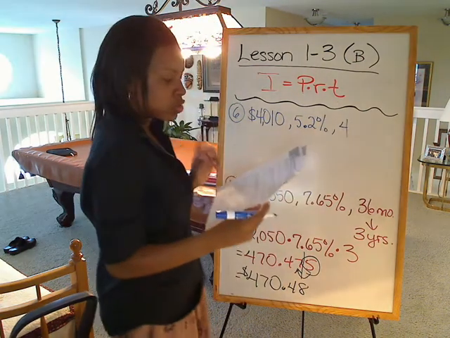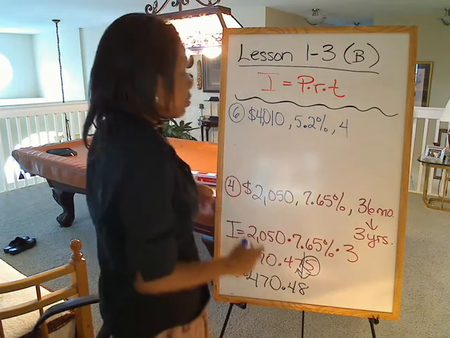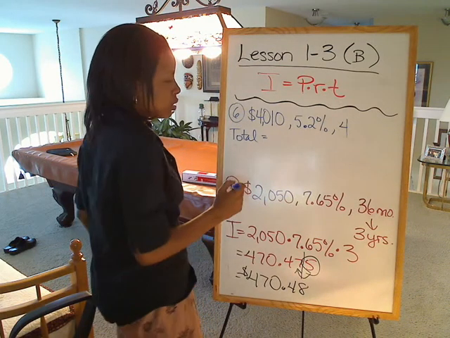And they want you to find the total amount now. So the directions have changed. We're not just looking for the interest, we're looking for the total amount. Looking for the total amount.